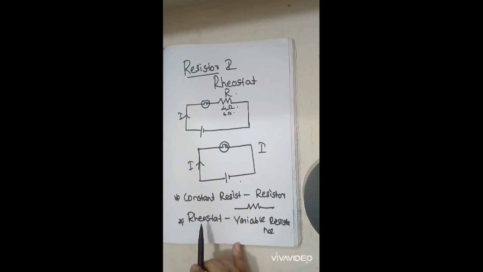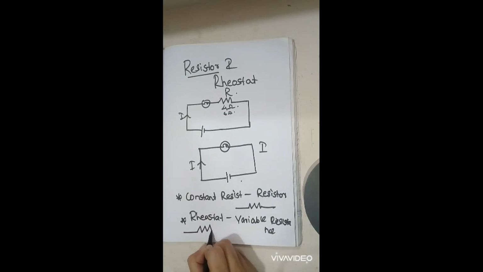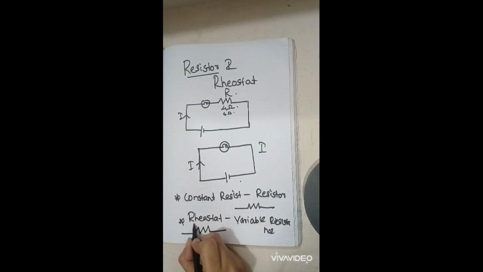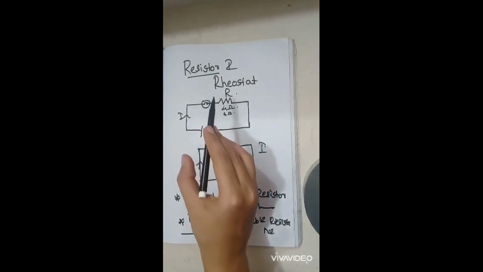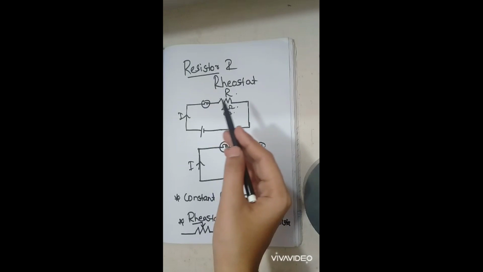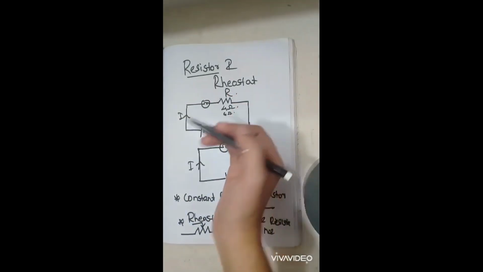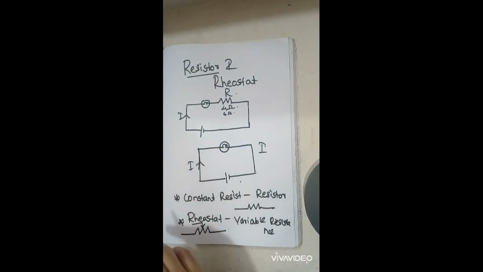But in the case of rheostat, the symbol of rheostat is like this. That is, in the case of rheostat, the resistance can be changed. When I connect a rheostat in an electric circuit, that resistance can be changed to 4 ohm, 2 ohm, 3 ohm, like that. Okay, clear?